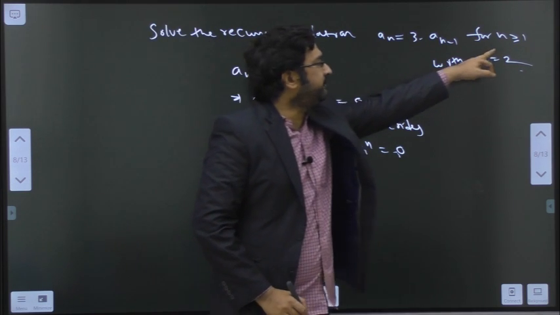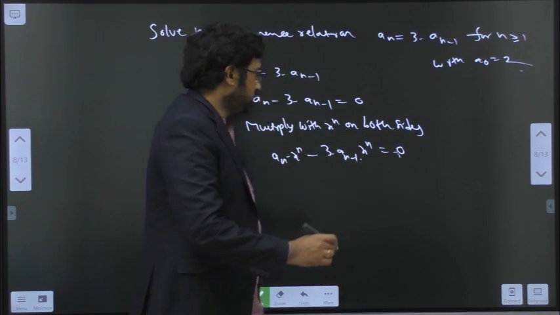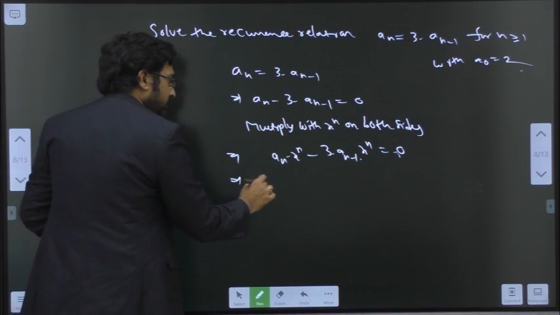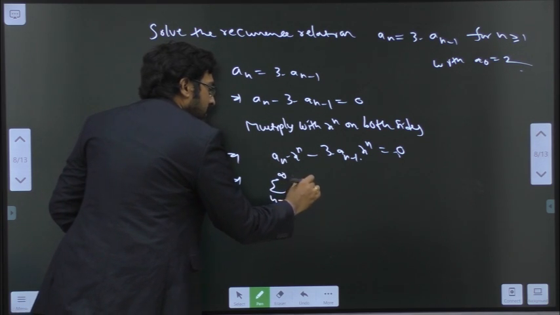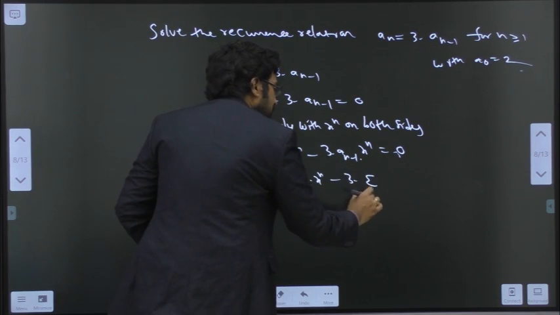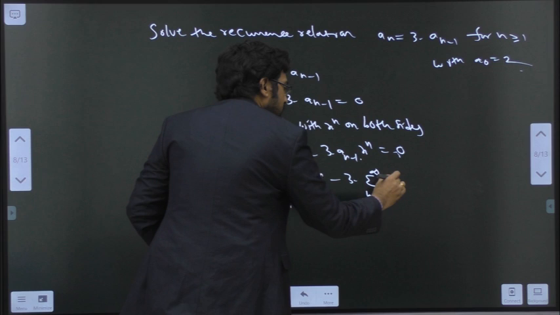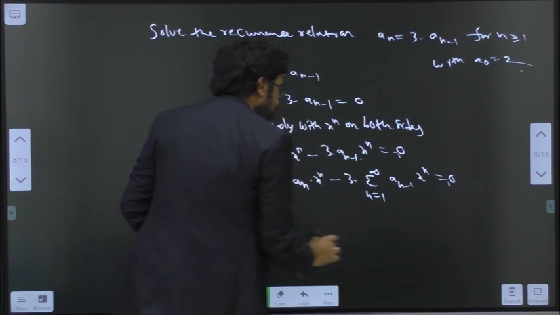Here the condition is for n greater than or equal to 1, so the lower limit should be 1. So the summation will start from 1: sigma n equals 1 to infinity a_n into x power n minus 3 into sigma n equals 1 to infinity a_(n minus 1) into x power n equals 0.